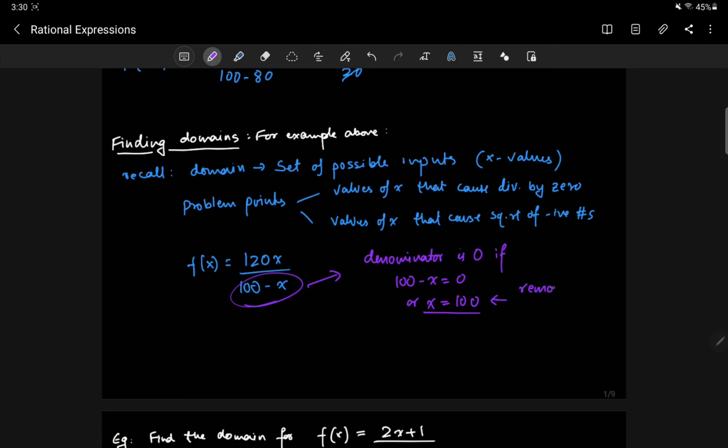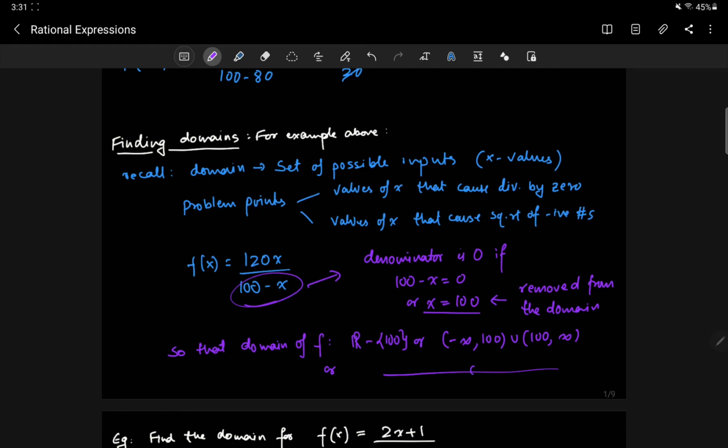This means that 100 has to be removed from the domain, so that the domain of f is all real numbers except 100, or negative infinity to 100 union 100 to infinity. On the number line, that's 100, you have everything else to the left and to the right except 100. And you cannot have 100 because that causes the denominator to become 0.